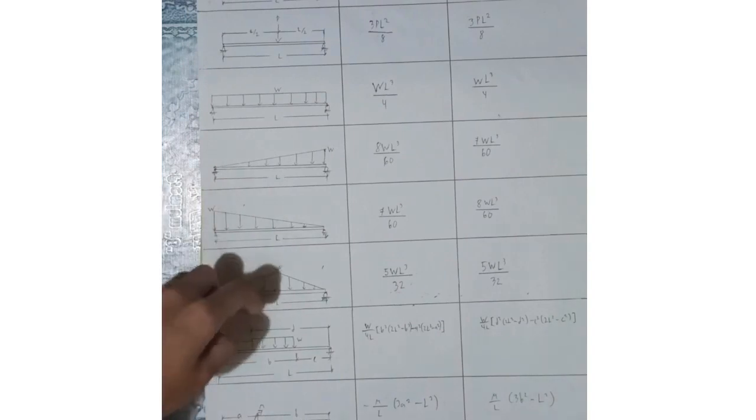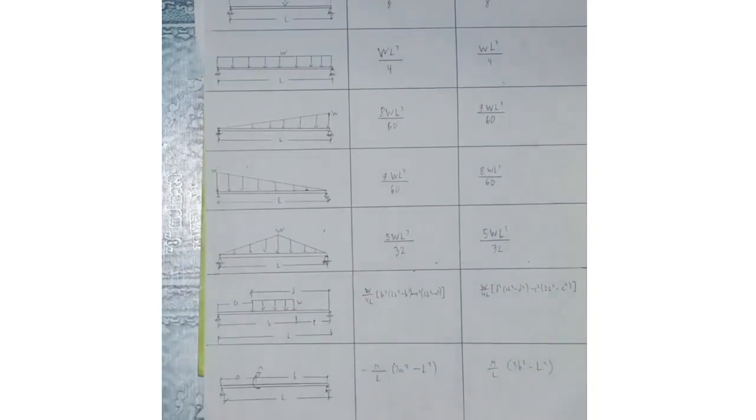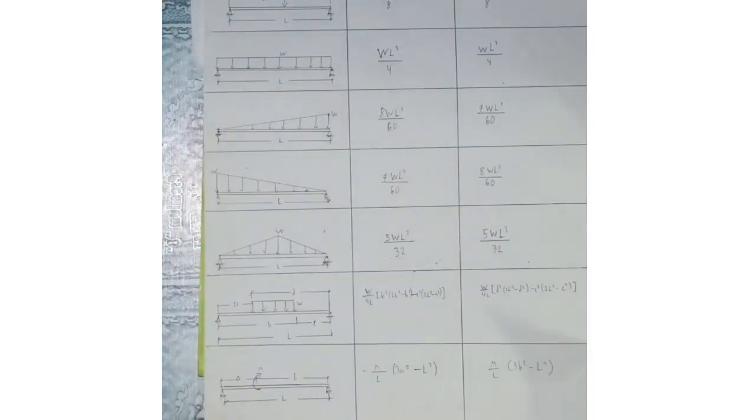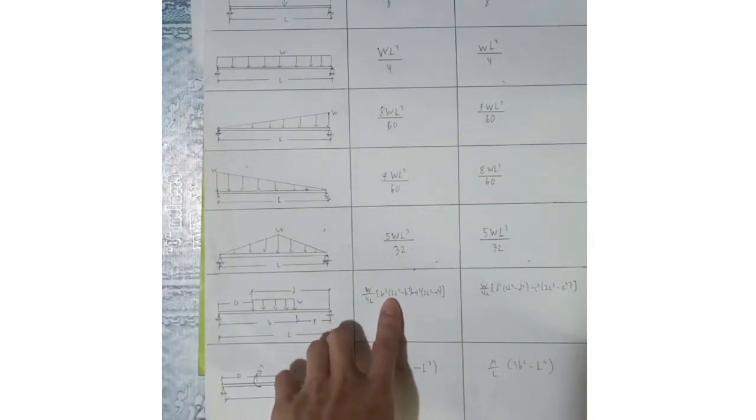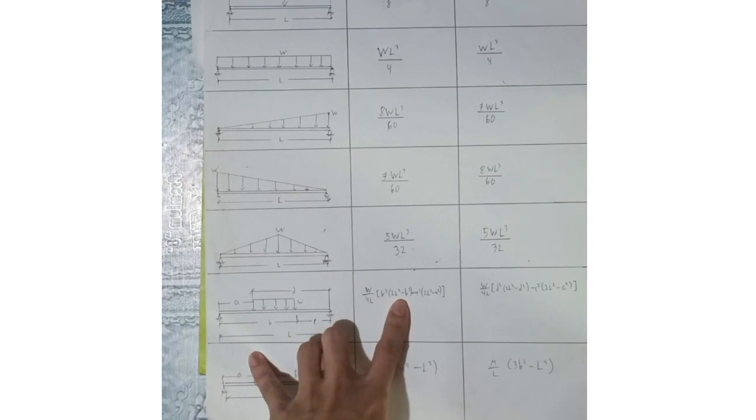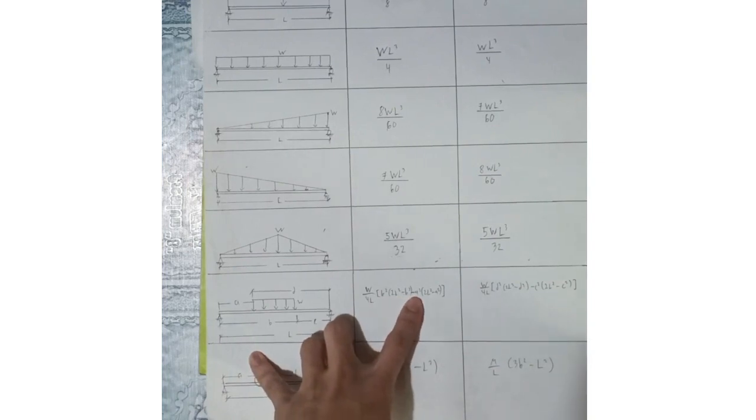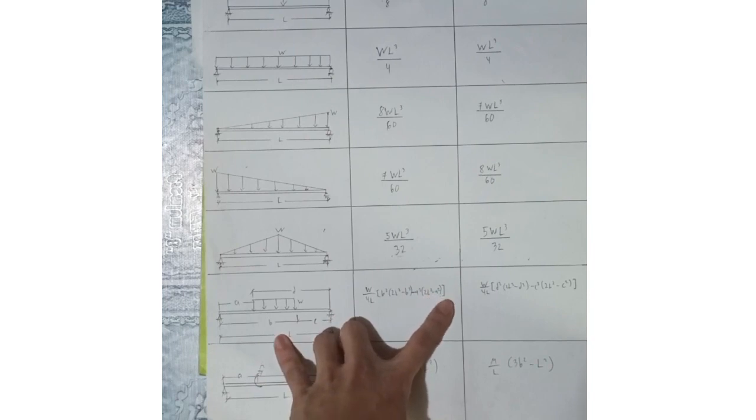And then for the general uniform load, this one is longer: W over 4L times B squared times 2L squared minus B squared, minus A squared times 2L squared minus A squared.